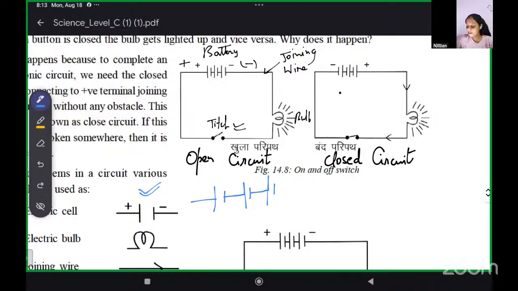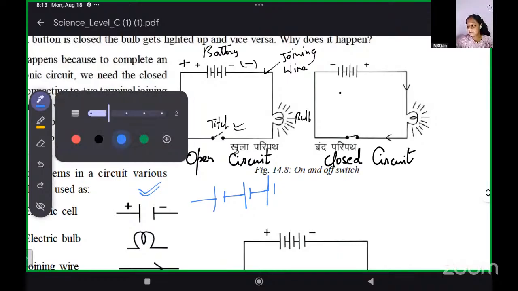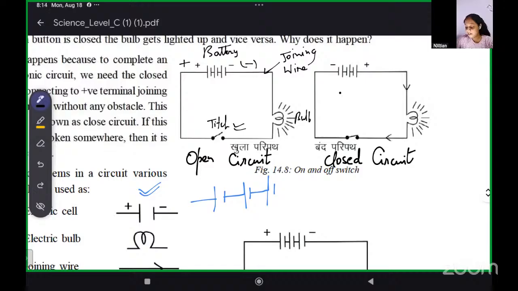You have the first cell, positive, negative. Then it is joined with your second cell, positive, negative. And then it is joined with your third cell, positive, negative.